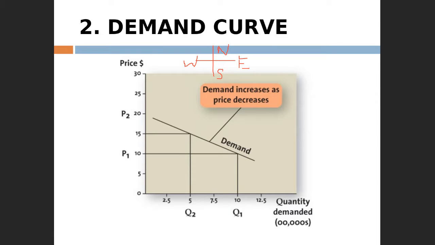And as you can see, when the price of the product is $10, the demand is 100, is it 100,000? No, 1 million units, like 10 and then this many zeros. But when the price goes up to $15 a piece, demand now falls, and it falls to 500,000 units from 1 million units.